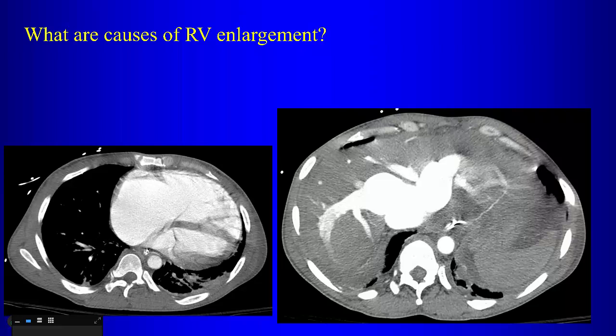Most commonly, though, especially if this is a young person in Newark that has a heart that looks like that, what should you be thinking about? Not Chagas. Well, what valve might cause this?